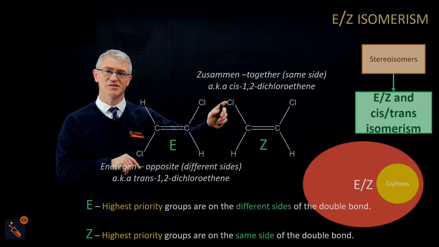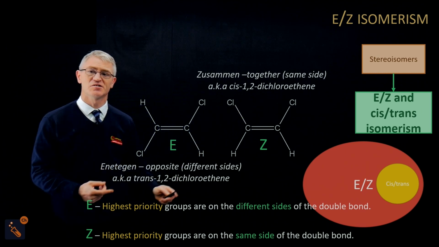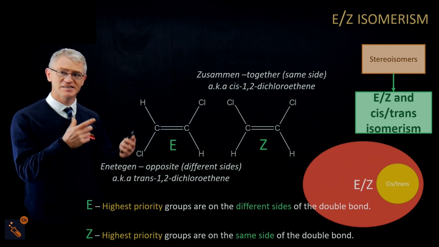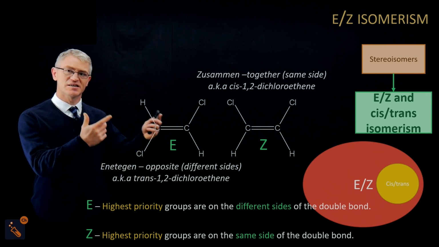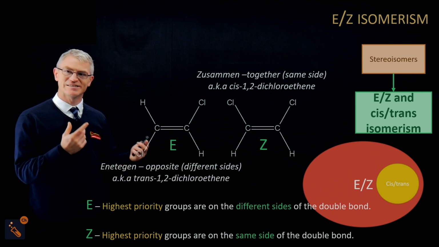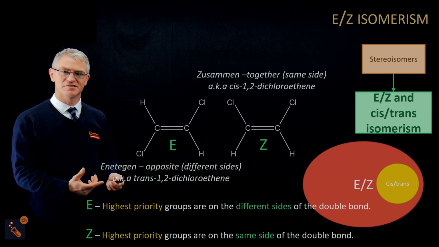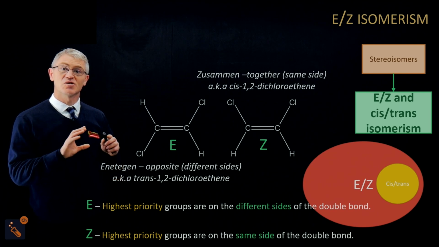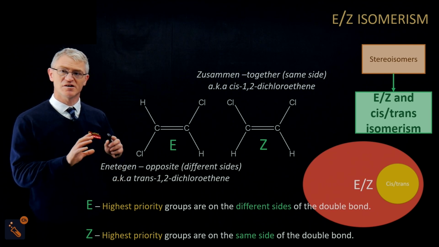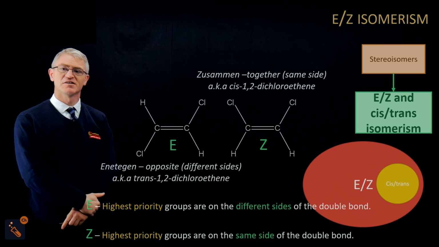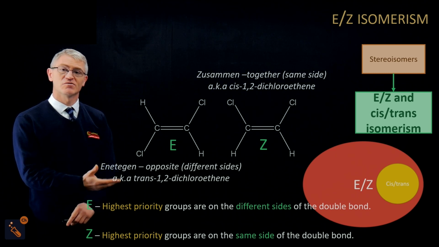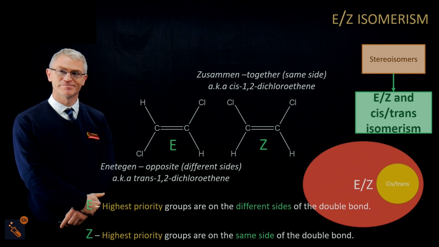These highest priority groups, again, the chlorines, are on the same side, so we've got a Z. And like I said, in this case, E is trans and Z is cis, but it's not always the case. In the next section, we'll just go on how to determine what are the highest priority groups, so you can then talk about whether on the same or different sides.